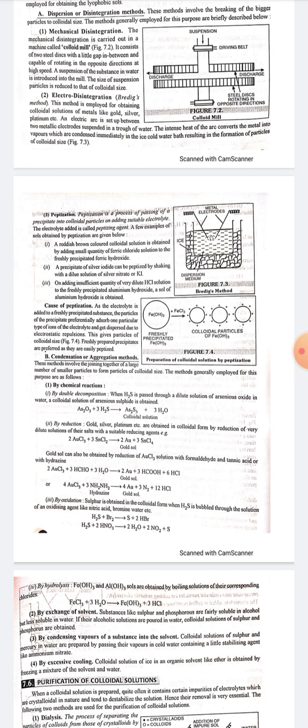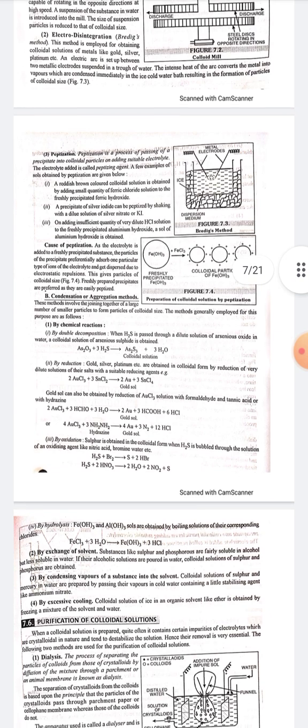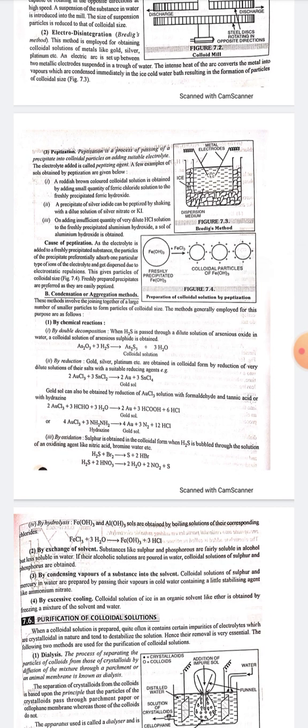These methods involve the joining together of a large number of smaller particles to form particles of colloidal size. The methods generally employed for the purpose are as follows. Number 1. By chemical reaction.